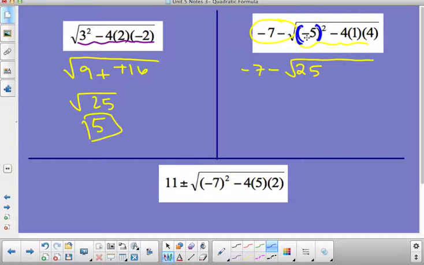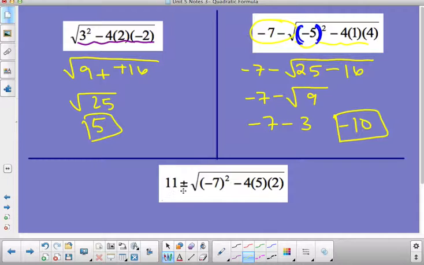If you don't put parentheses around it when you type it into your calculator, it won't square the negative, and it'll tell you negative 25, which we all know when we square a negative, it makes it positive. So finishing underneath that radical, I have minus 4 times 1 times 4, which is 16. So I have negative 7 minus 25 minus 16, which is 9. And then take the square root of 9, and I get negative 7 minus 3. Negative 7 minus 3 is negative 10.